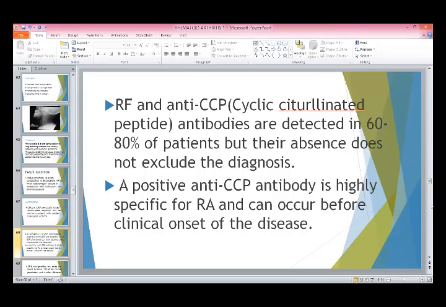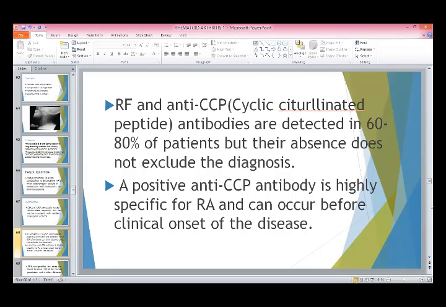A positive anti-CCP antibody is highly specific for rheumatoid arthritis and can occur before clinical onset of disease, which means that anti-CCP antibodies appear before the patient develops the clinical features of the disease.